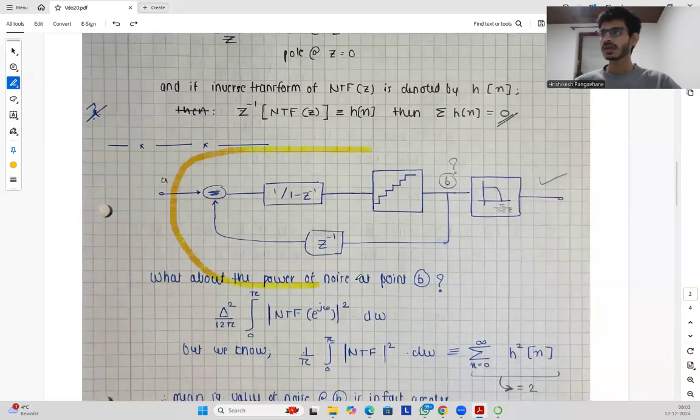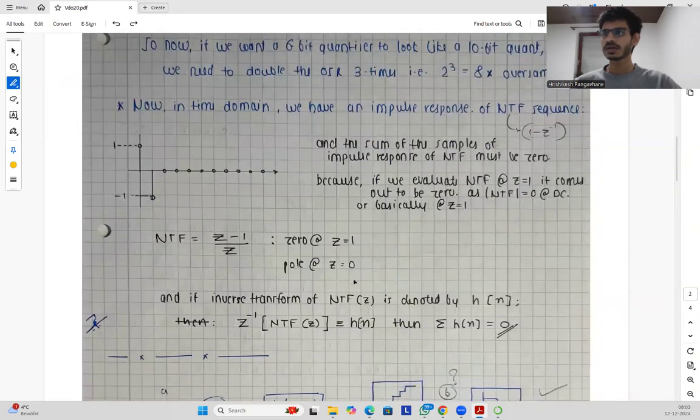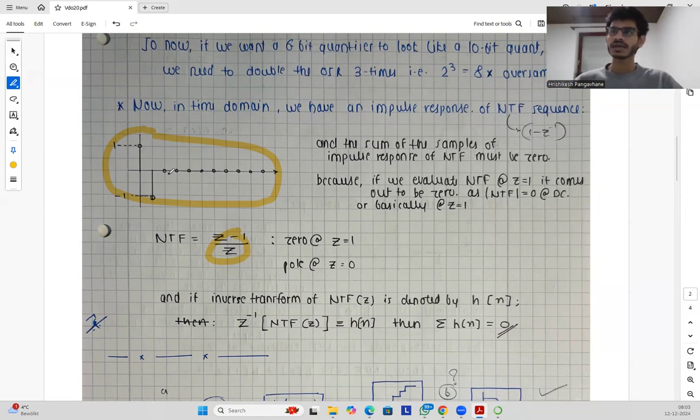When we look at the noise transfer function in the time domain, we have an impulse response sequence that has 1 and -1, and all of the other samples are 0.